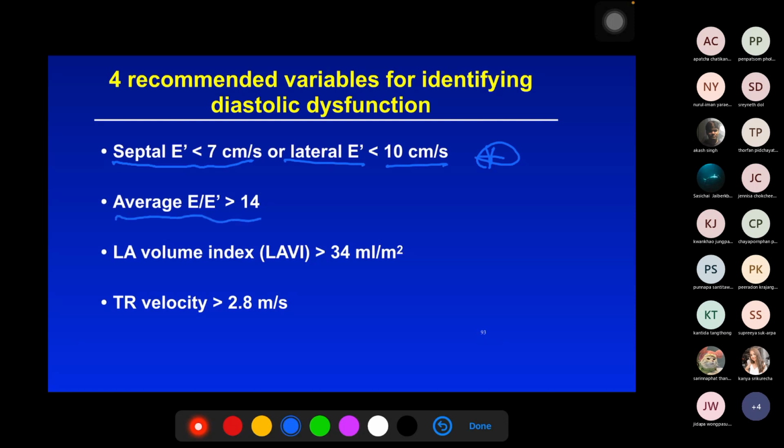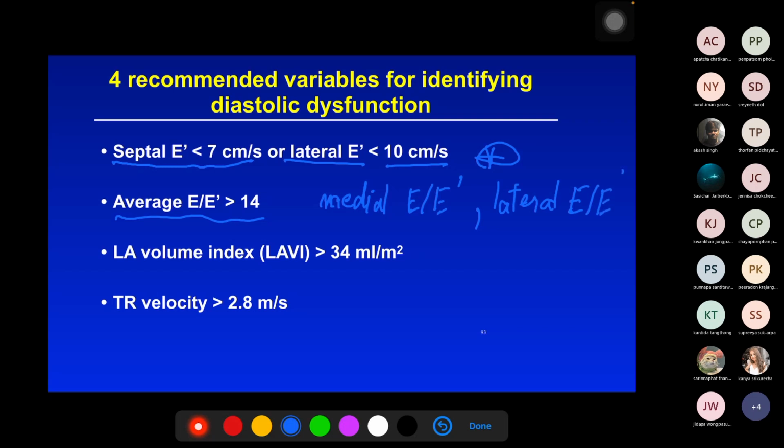And the average E to e prime means the average of the medial E to e prime ratio and lateral E to e prime ratio.